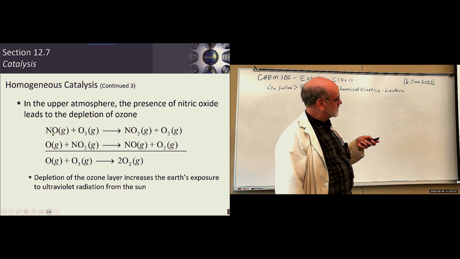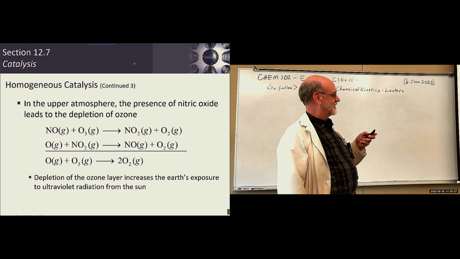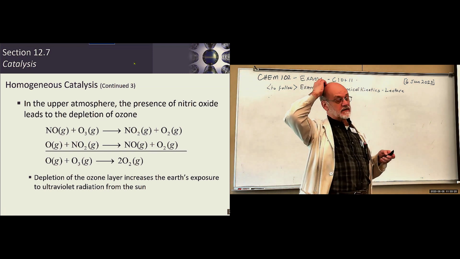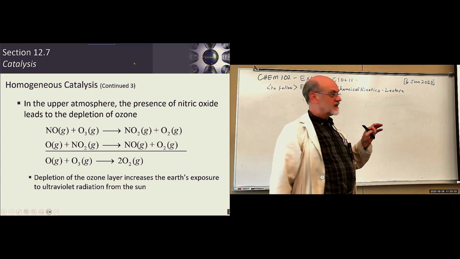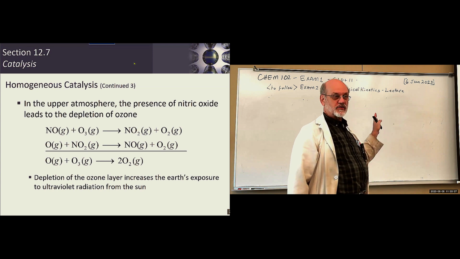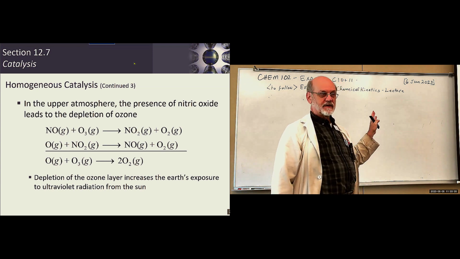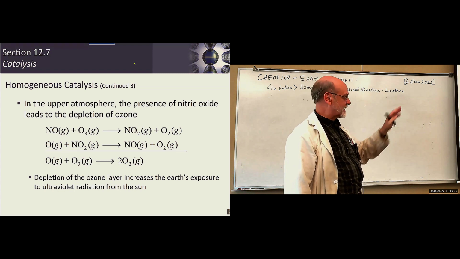There it is. The mechanism said it comes in this side and it goes out that side. And so it's unchanged. That is a key to catalyst. If it were an intermediate, it would be produced on the right-hand side and then consumed on the left-hand side. But as catalyst comes in, you can see it going in and you can see it coming out.